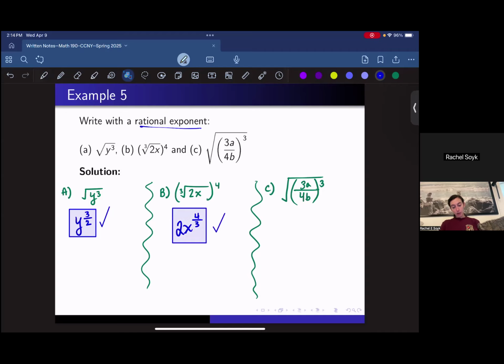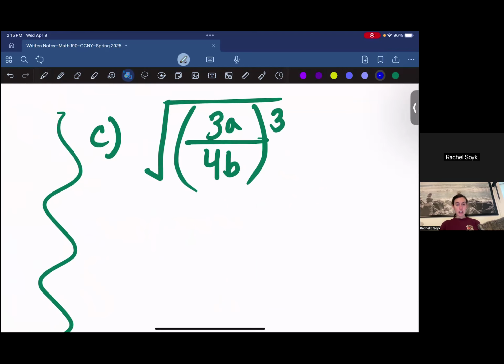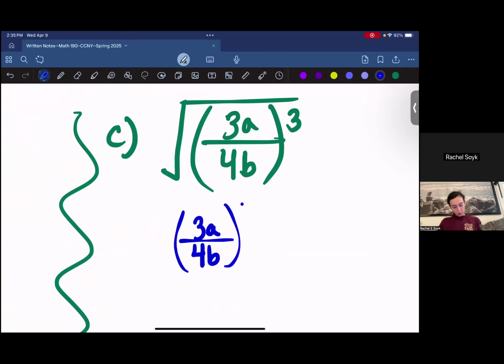And then finally, part C. We are once again dealing with an index of 2, and we can rewrite this as 3a over 4b, all raised to the 3 over 2.